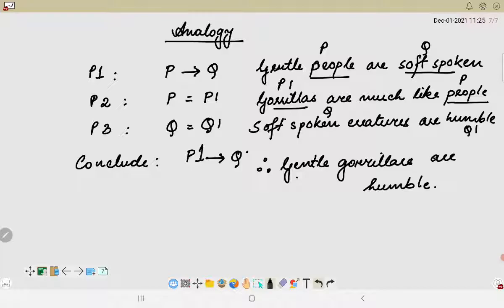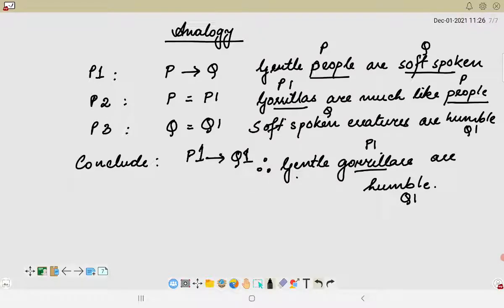So here we will consider that gentle gorillas, which is P1, are humble, which is Q1. So this is how analogy is done. If an object or entity is similar to another situation or object or entity in some aspect, then they are likely to be similar in other aspects too. So this is how analogy is represented.